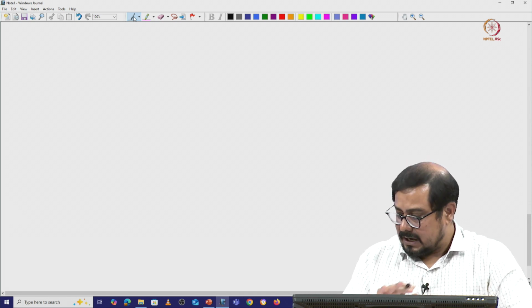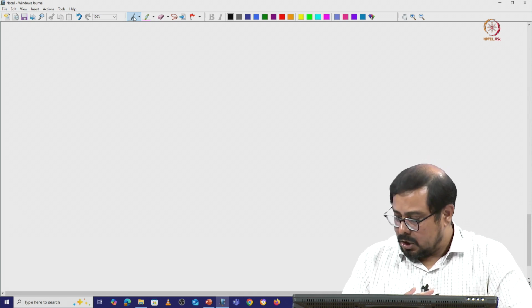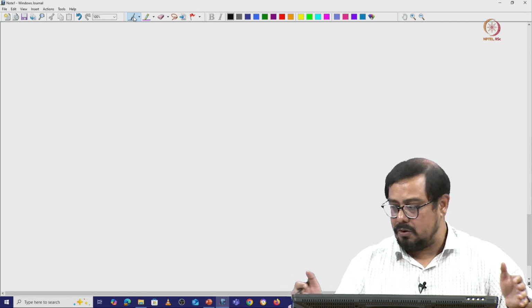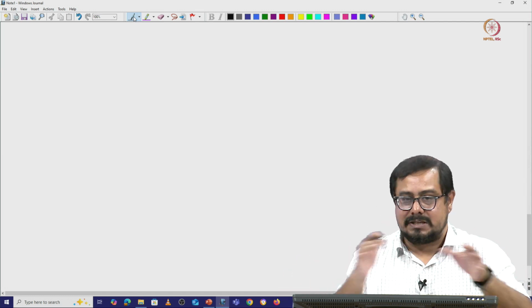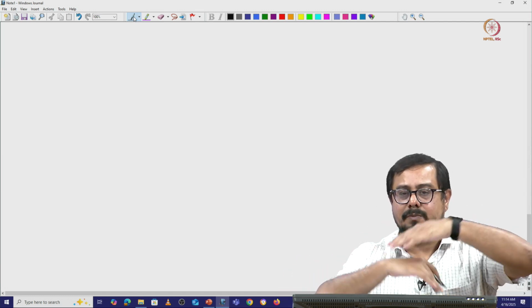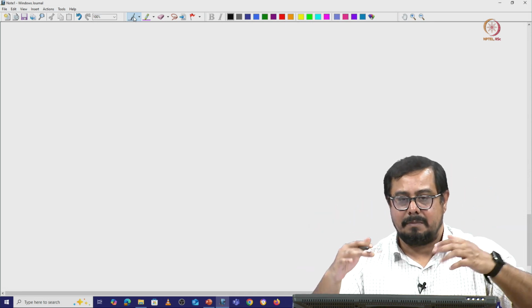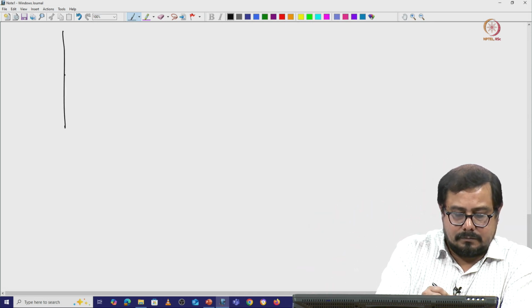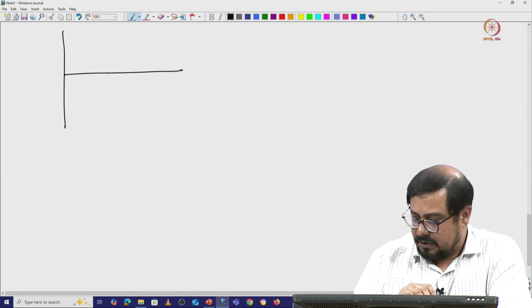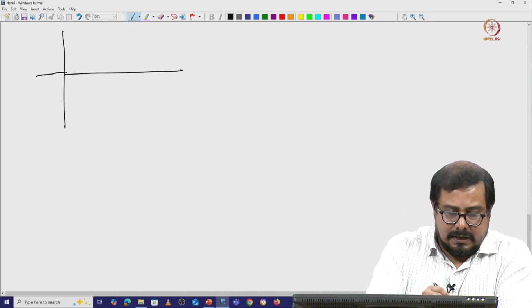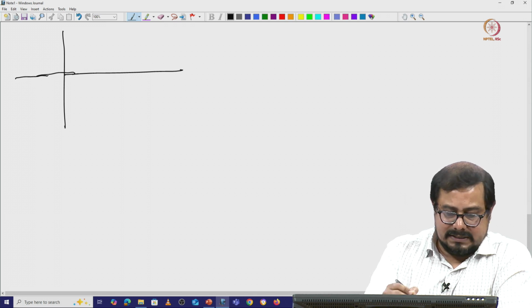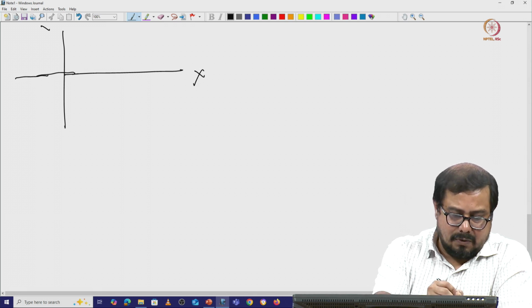Now let us take a look at two waves with a superposition between them, overlapping with each other, and how they behave. First I am drawing the two waves here. This is my x axis, this is my y axis.